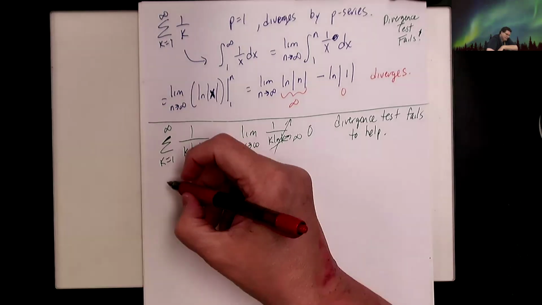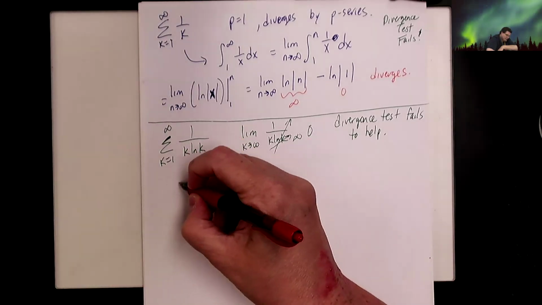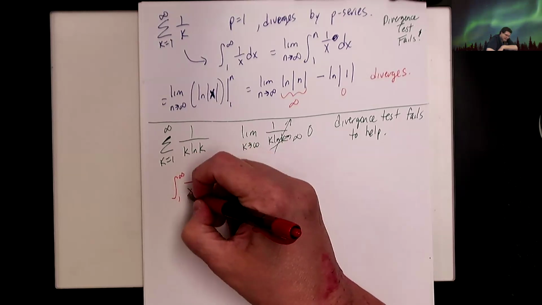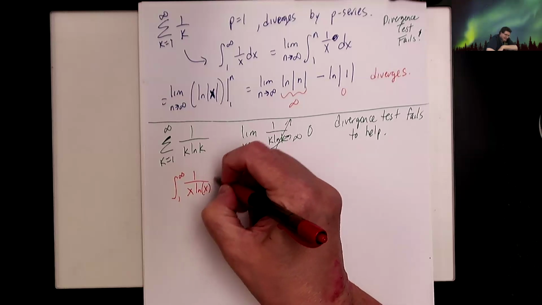until we have some more tests that we can do coming up. Let's compare this to the integral from 1 to infinity of 1 over x ln of x dx.